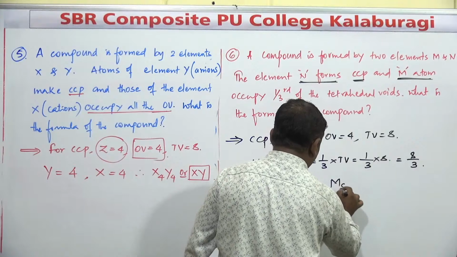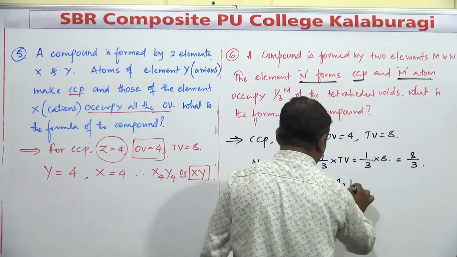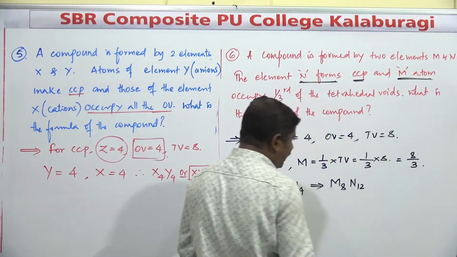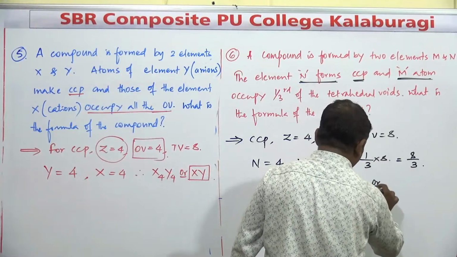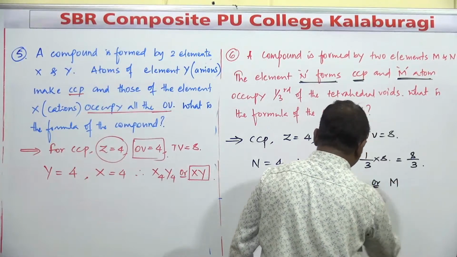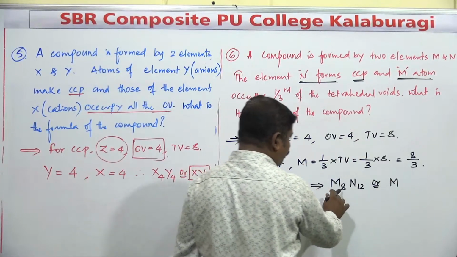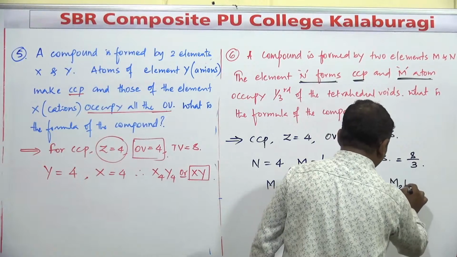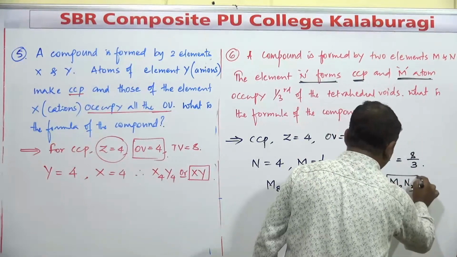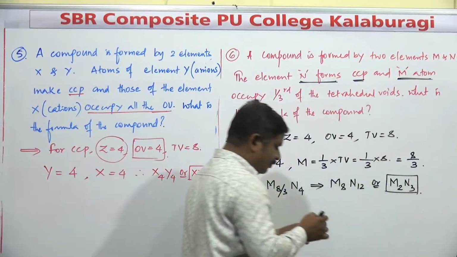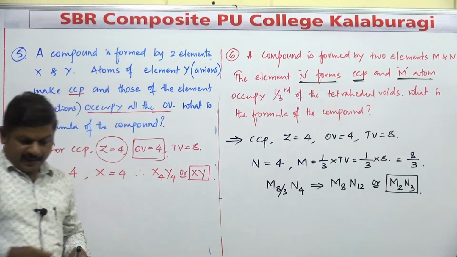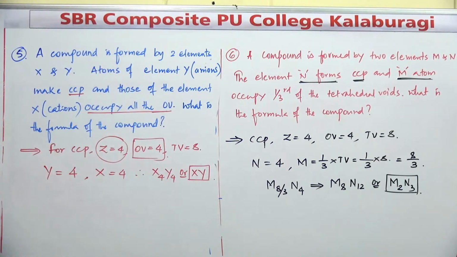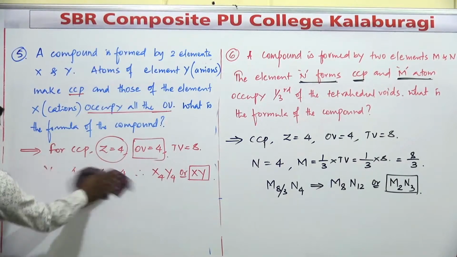This is going to be M8 and N12. M8 and N12, simplest ratio: 4 2s are 8, 4 3s are 12. It is going to be M2 N3. The simplest formula of the compound is going to be M2 N3 for that numerical. M2 N3, right?